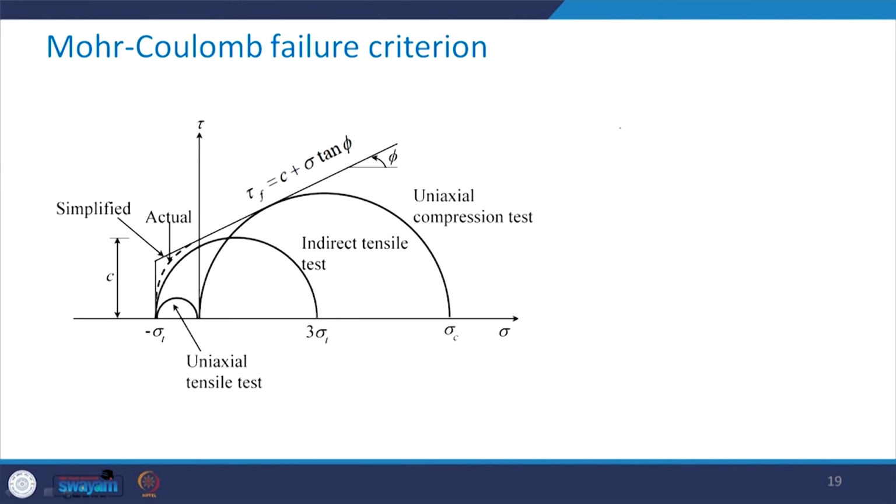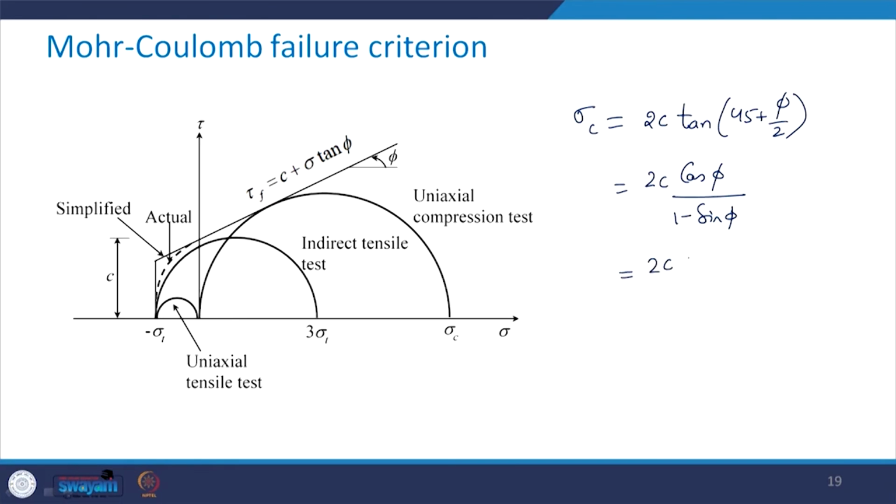So, sigma c is given as 2c tan of 45 plus phi by 2, which is equal to 2c cos phi divided by 1 minus sin phi, and it can also be written as 2c square root of 1 plus sin phi upon 1 minus sin phi.